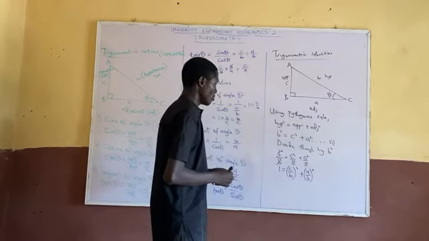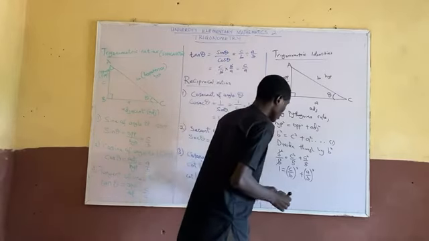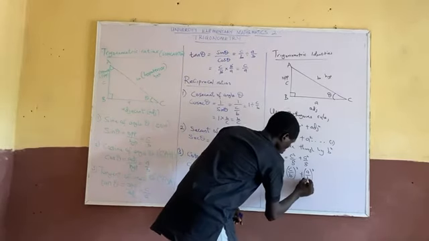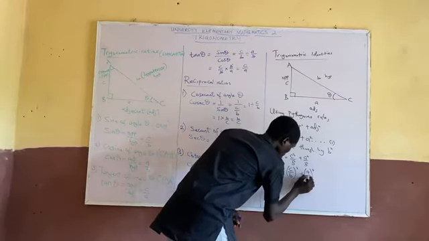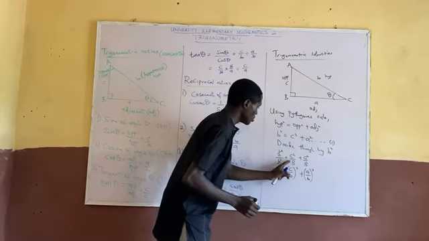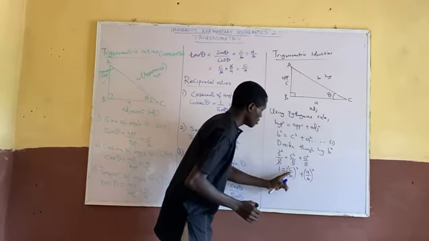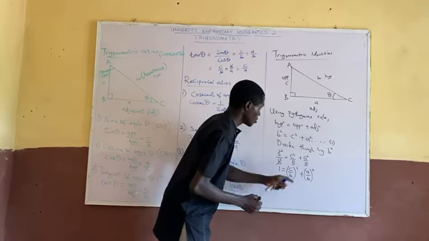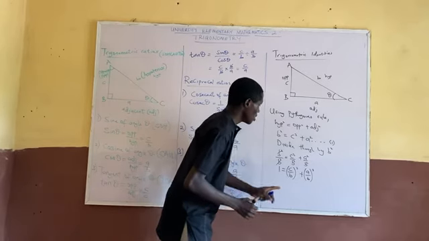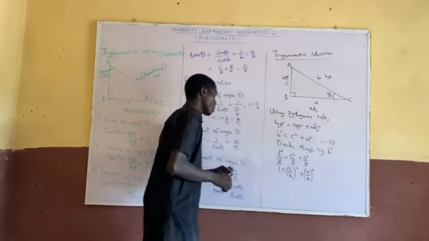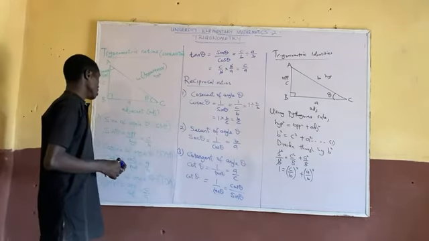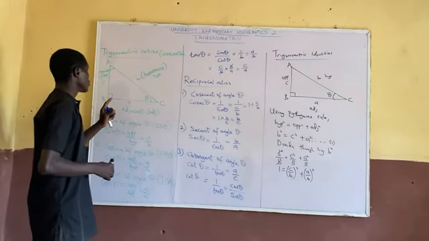Since we have c square over b square, we can put it in the same bracket and square it. Now from here we can go back to our derivation in trigonometric ratios.